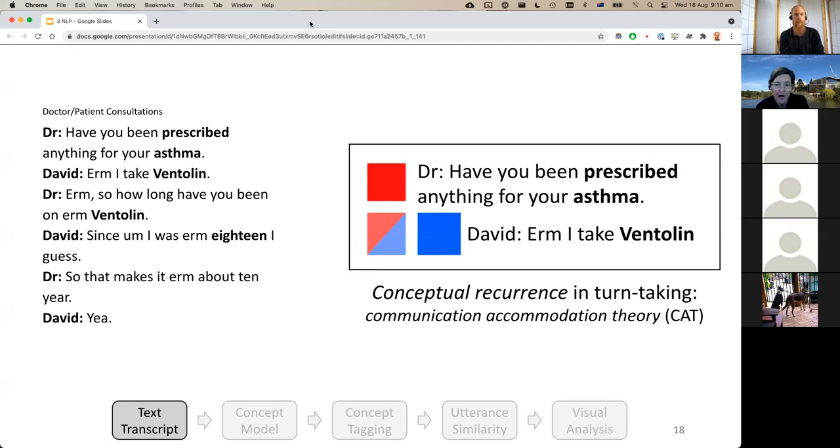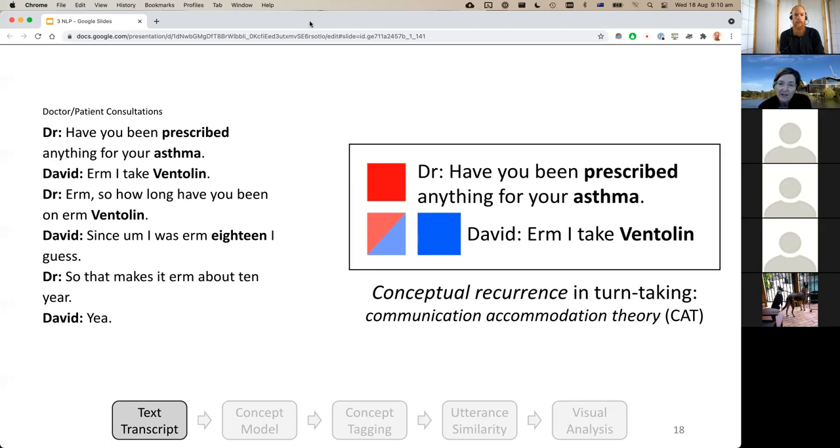On the right, the red box and the blue box form a diagonal of turns. The size of the box usually says how many words are in that utterance, in that turn, though here it's not actually scaled to the conversation. The color tells you the speaker: the doctor is in red, the patient is in blue.